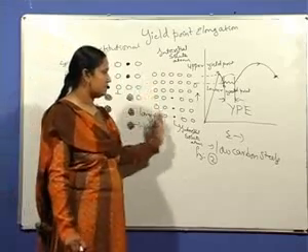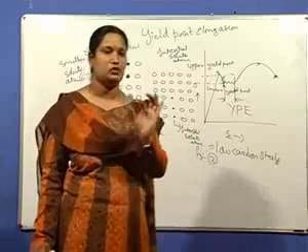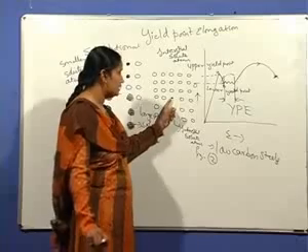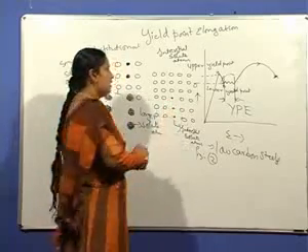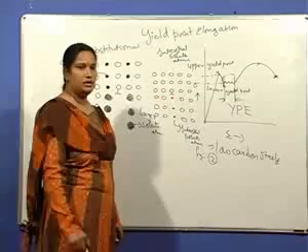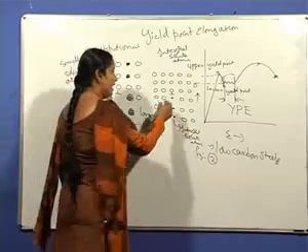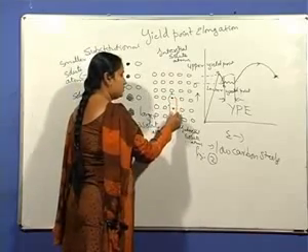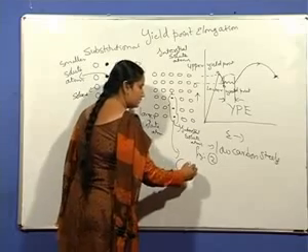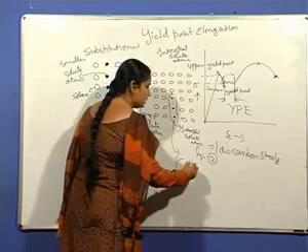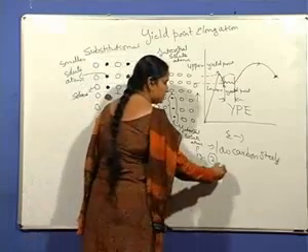The second category is interstitial solute atoms, which are much smaller in size when compared to the solvent atoms. These interstitial solute atoms occupy the position below the edge dislocation, where lattice expansion takes place, and they form atmospheres that are known as Cottrell atmospheres, C-O-T-T-R-E-L-L.